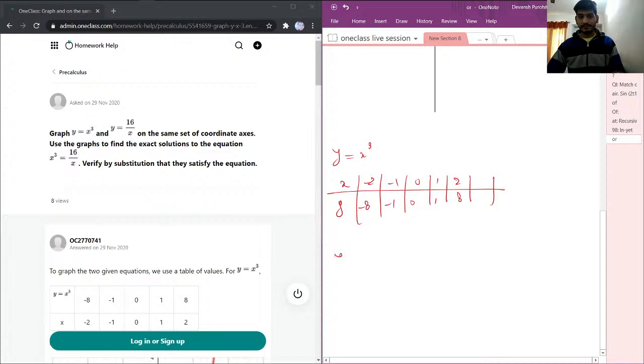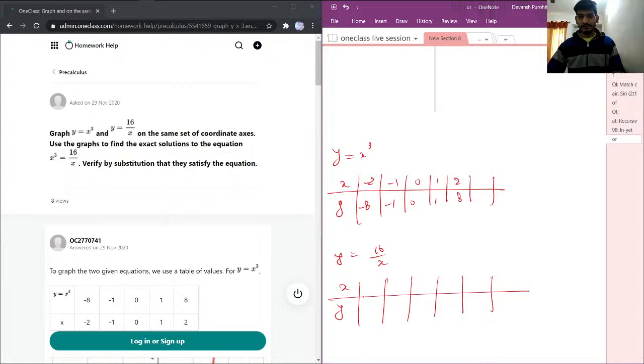And for y equal to 16 over x, I have x. x cannot be 0 here. So we can clearly see that when x is 0, my y is going to be infinity.